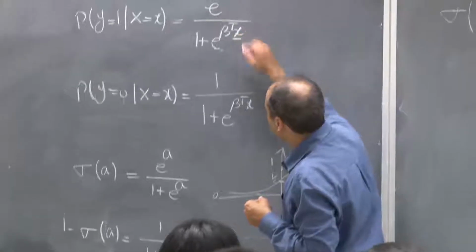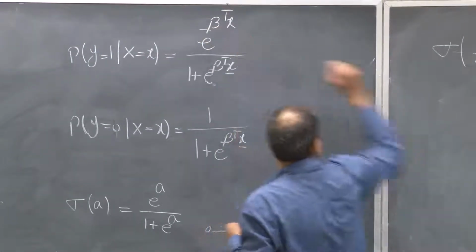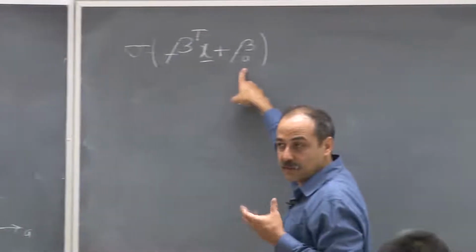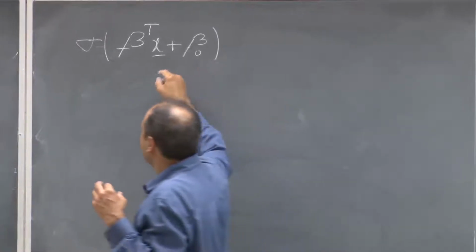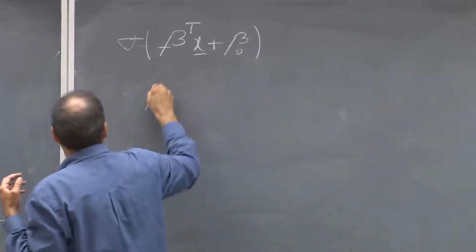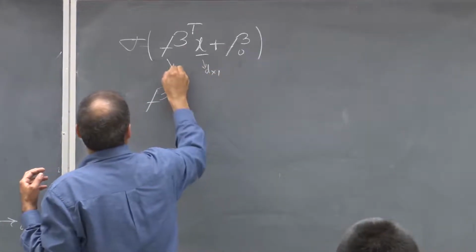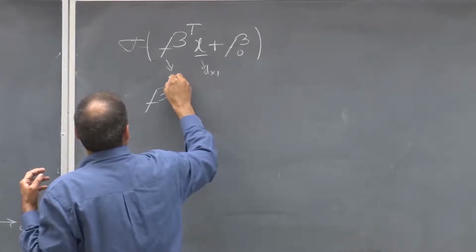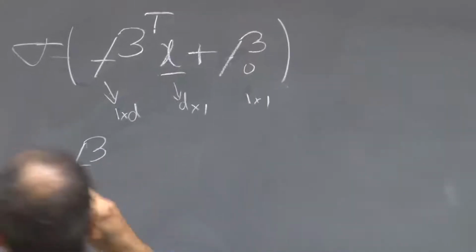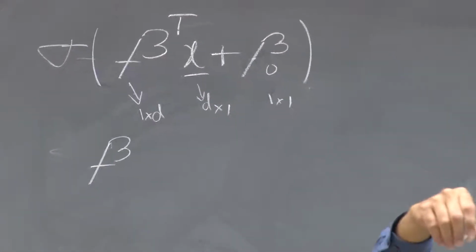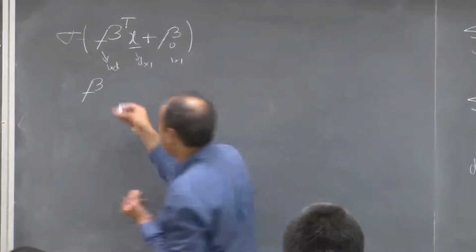And just be careful, here when I say beta transpose x, I didn't write this beta null. It's supposed to be a linear function, so I need a beta null. This is a general trick that I think you're familiar with. This is d by 1, this is 1 by d, and this is a scalar 1 by 1. So I can expand x, right? Put a 1 at the end of x, and expand this beta.